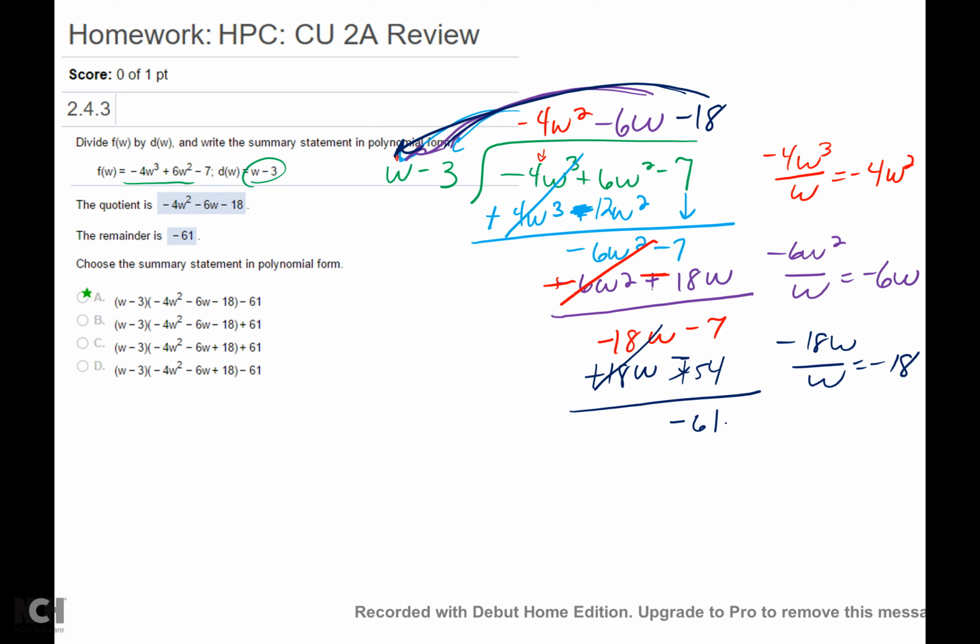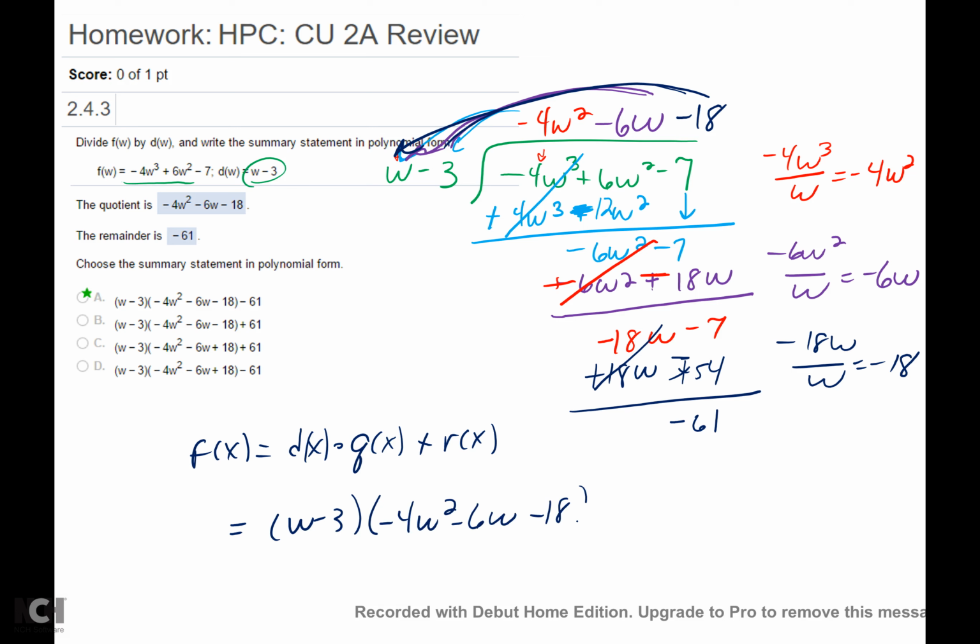That's my remainder. So remember, in polynomial form, your function equals your divisor times your quotient plus your remainder. So my divisor was w minus 3. My quotient is negative 4w squared minus 6w minus 18, plus, but in my case minus, because it's negative, my remainder.